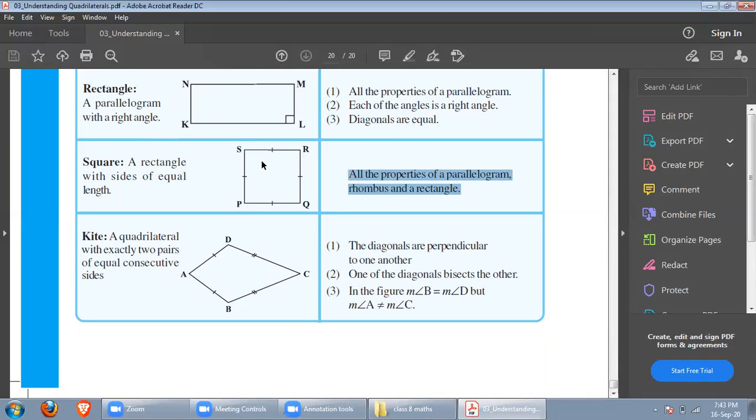The diagonals will be equal, like a rectangle, SQ equal to PR. Like in a rhombus, the diagonals will be bisecting each other at 90 degrees. Since this is a parallelogram, the diagonals bisect each other. The opposite sides are parallel, the opposite sides are equal. This is about square.